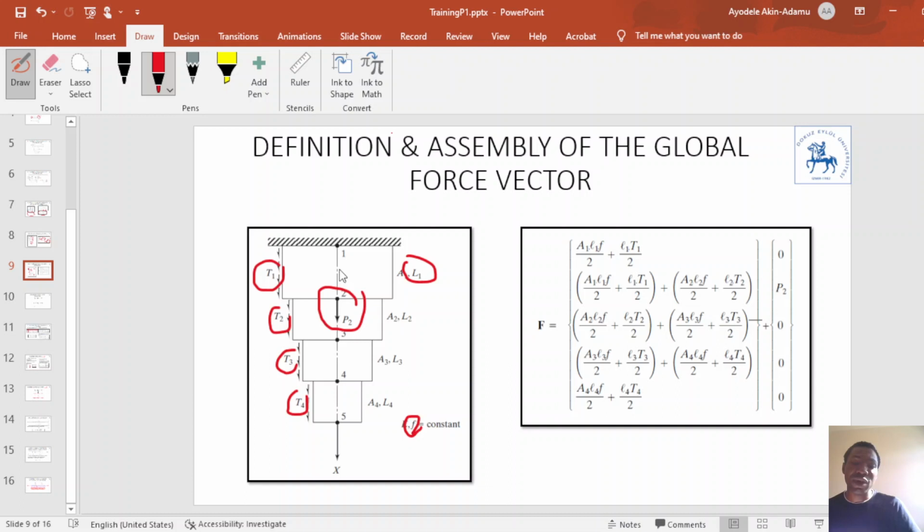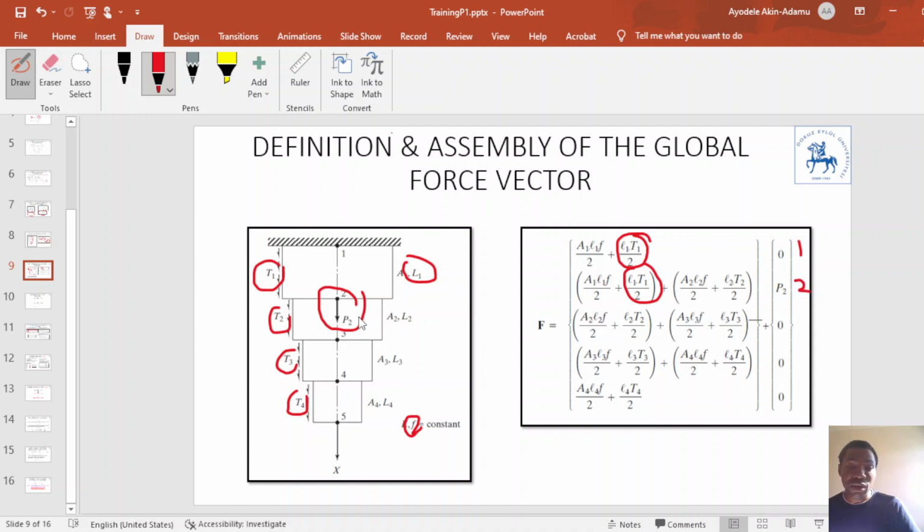So the load is divided equally: half goes to node 1 and the other half goes to node 2. That's why we have L1 T1 divided by 2 at position 1, and L1 T1 divided by 2 at position 2.